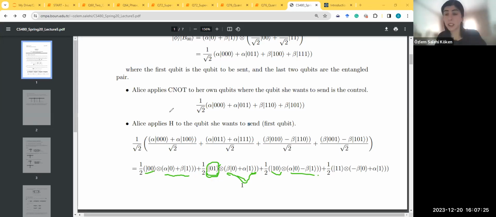She no longer has access to this quantum state, alpha 0 plus beta 1. So we kind of destroyed the quantum state Asya had, but now we form the same quantum state in Balvis's qubit. And so we sent the quantum state.